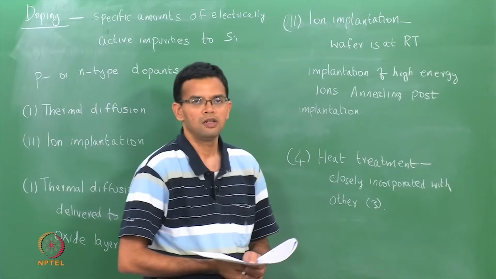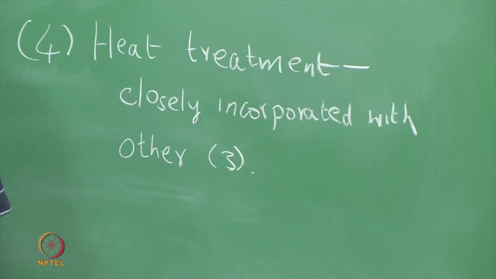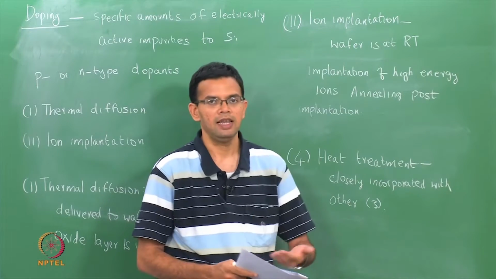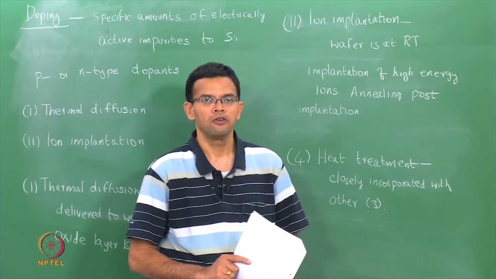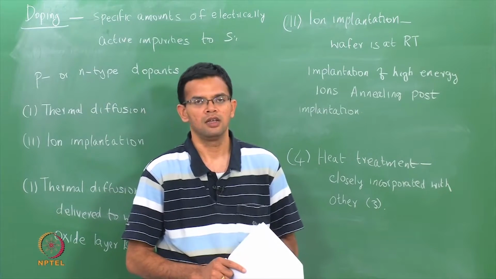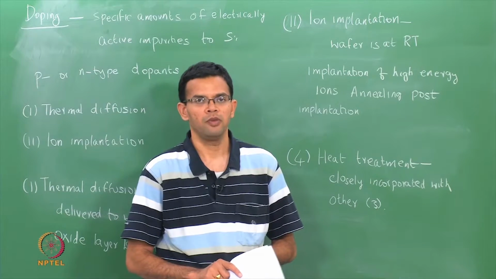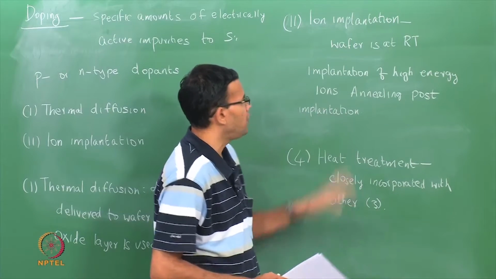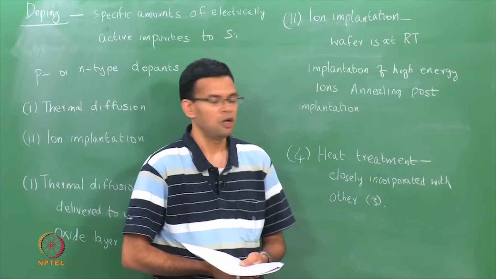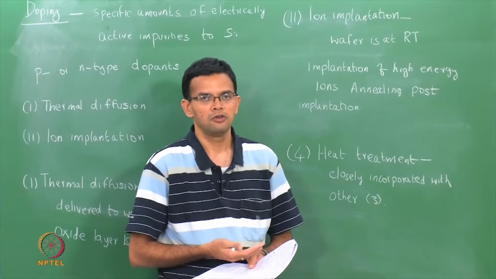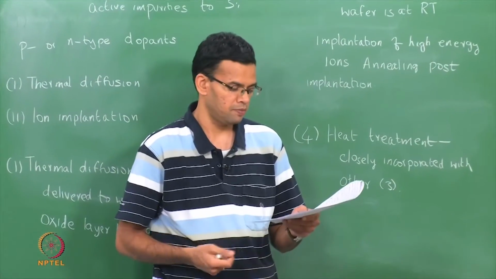For example, in the case of layering, where we deposit a layer of metal, a heat treatment operation or an annealing operation can follow it in order to react the metal with the silicon to form silicides. So, this is especially useful for forming good electrical contacts. In the case of doping with ion implantation, once again you can have a heat treatment post implantation to repair the damage in the wafer.